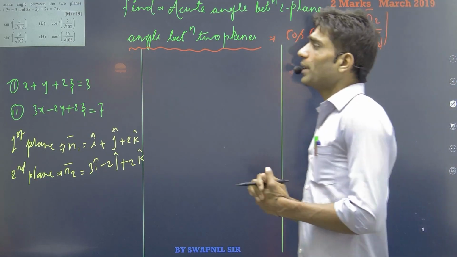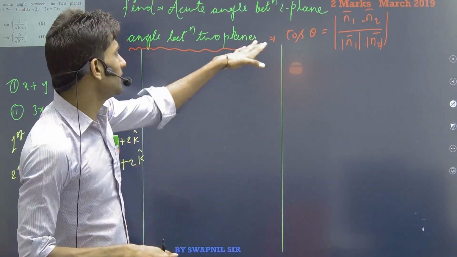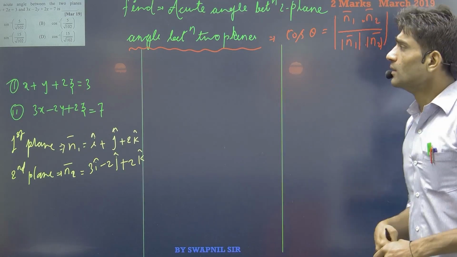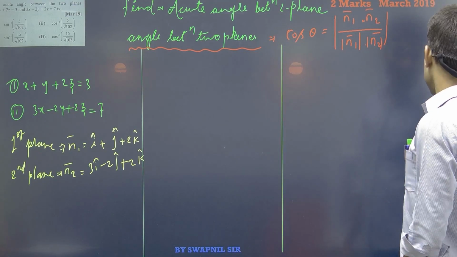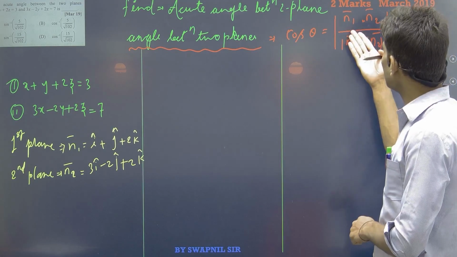This is our required result for cos theta that we are going to apply for the angle between two planes.